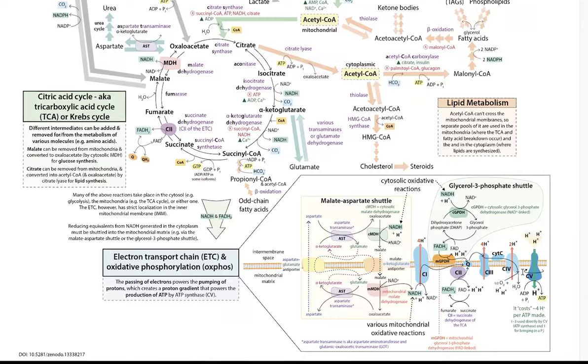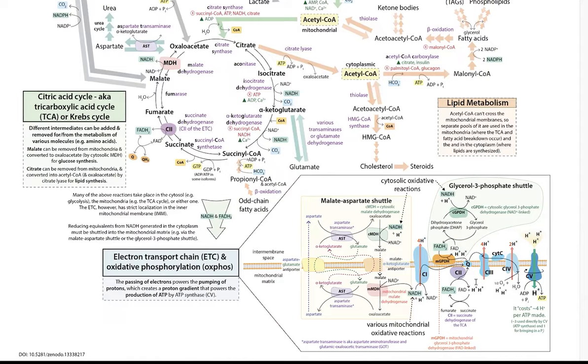A key thing to remember is OIL RIG: oxidation is loss of electrons, reduction is gain of electrons. Another key thing is that passing electrons from something that wants them less to something that wants them more is going to be energetically favorable. It'll produce energy, and you can use the energy that's produced in order to do things.